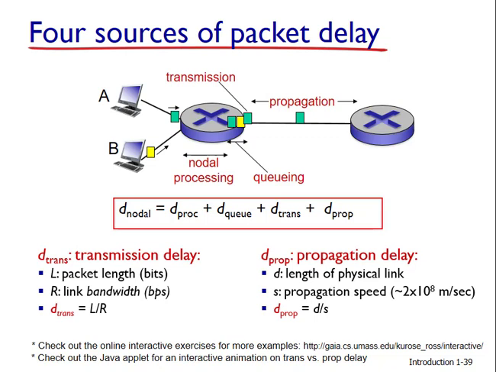Once a bit is pushed into the link, it needs to propagate to router B. The time required to propagate from the beginning of the link to router B at the end of the link is propagation delay. The bit propagates at the propagation speed of the link. The propagation speed depends on the physical medium of the link, that is, whether it's fiber optic or twisted pair or whatever.